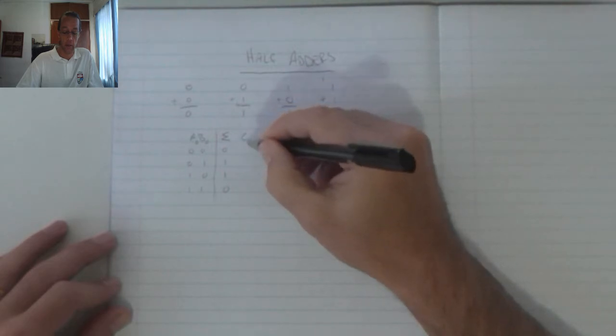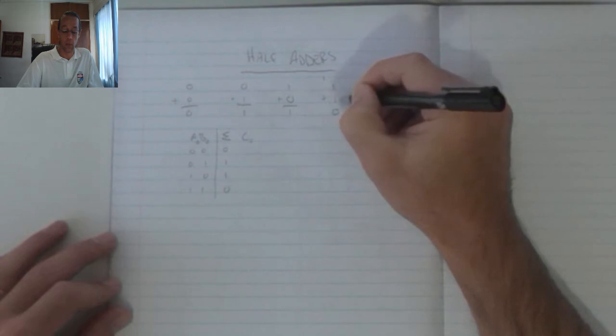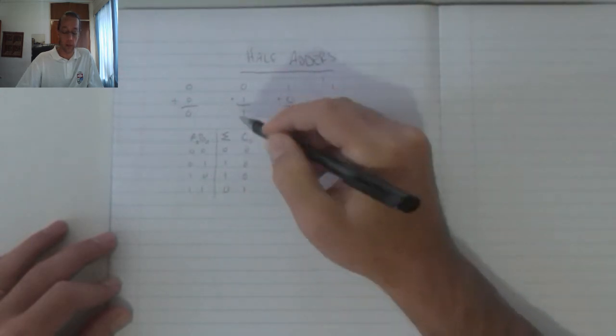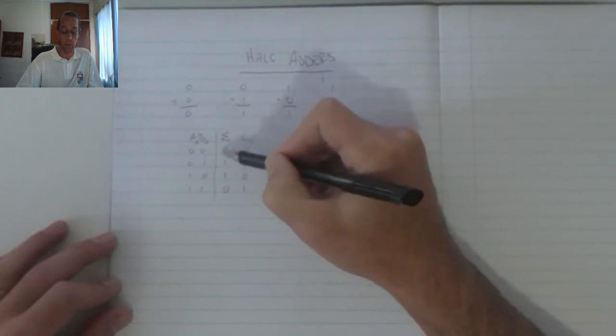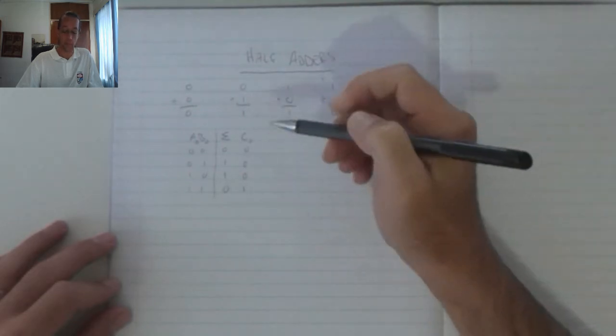The carry over is only affected when we get two ones on the input. As a result, that'll be 1 and those will be 0. So we can see the sum column is an exclusive OR gate and the carry column is an AND gate.